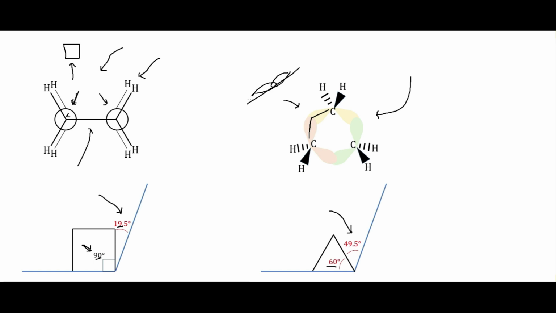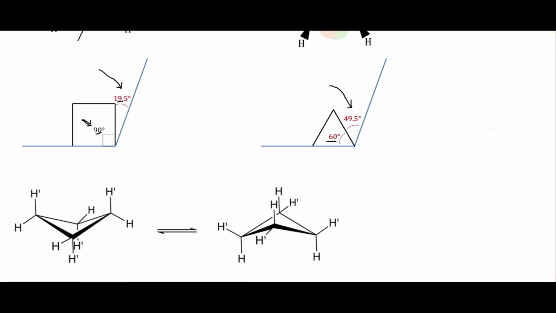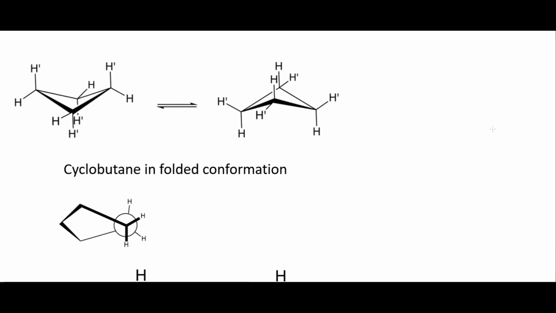And so that is creating some strain on there, which is why the cyclopropane and the cyclobutane are sort of unstable ring structures. And so this is cyclobutane.